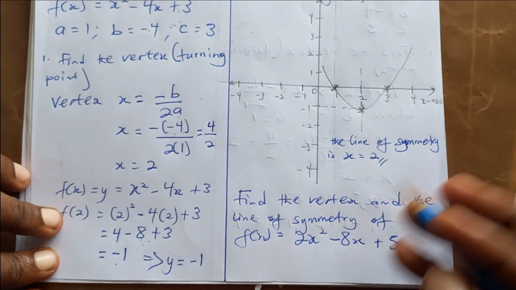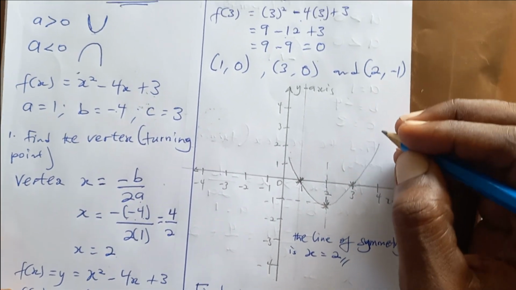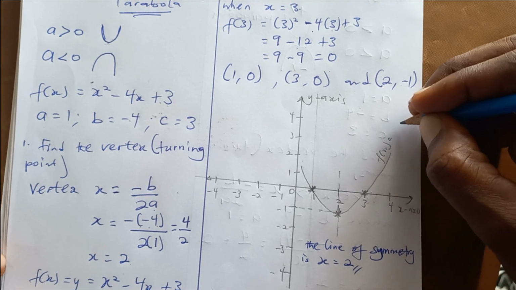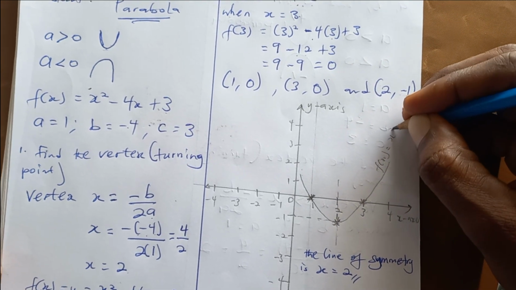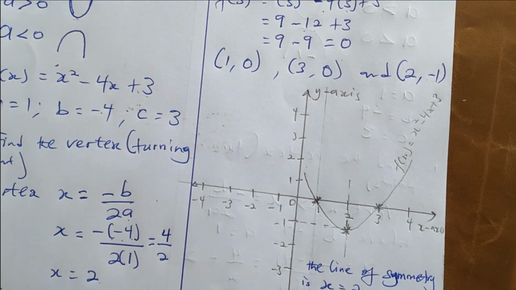So this is your question. Please don't forget to write the function. Don't forget to write the function. So f of x is equal to x squared minus 4x plus 3, like this, nicely.